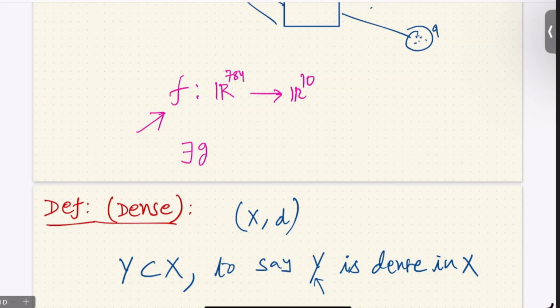In the dense property, I could say there exists G belonging to sigma n of G such that the norm of f minus G is less than epsilon, for all epsilon greater than 0.